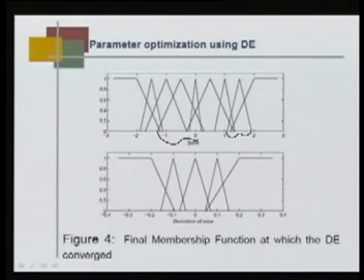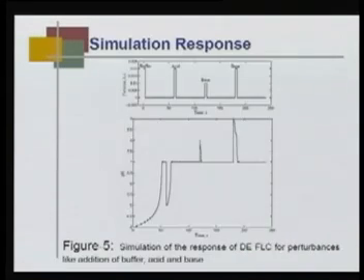So, from here this is the base length that is obtained, and this particular value was actually the peak. Where is the peak? That was fixed a priori. Similarly, for the derivative of the error also the base lengths were obtained in this particular manner. This is the final membership function at which the differential evolution converged.